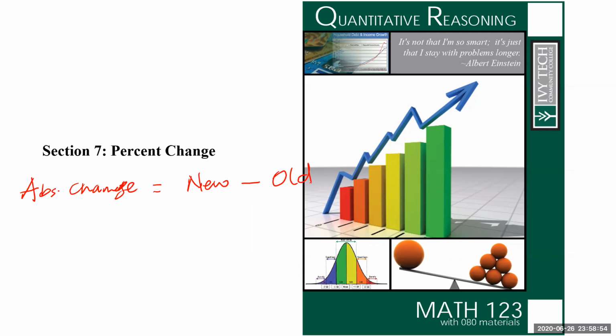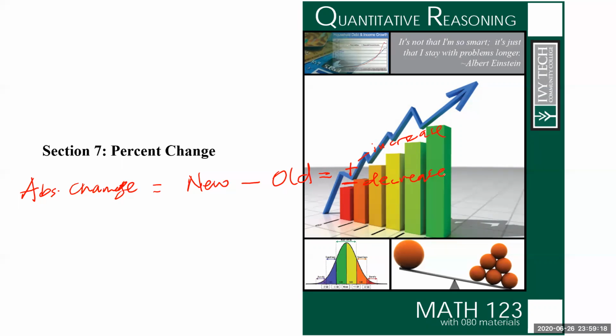When you do this subtraction, if you get a positive result, you interpret it as an increase. And if you have a negative outcome, you interpret that as a decrease.